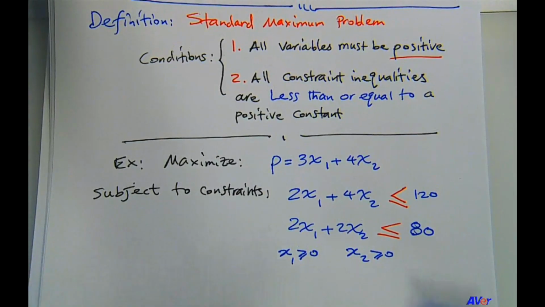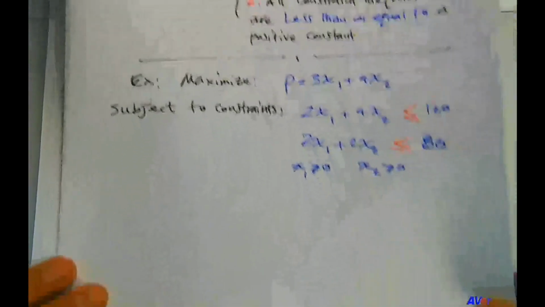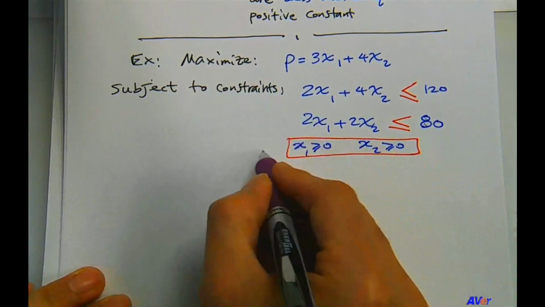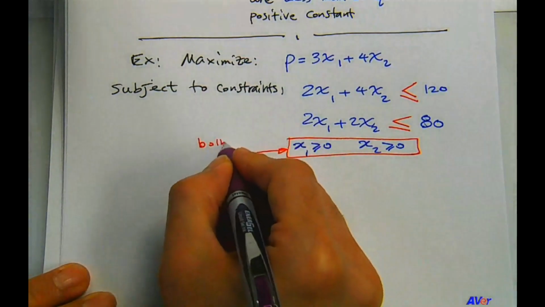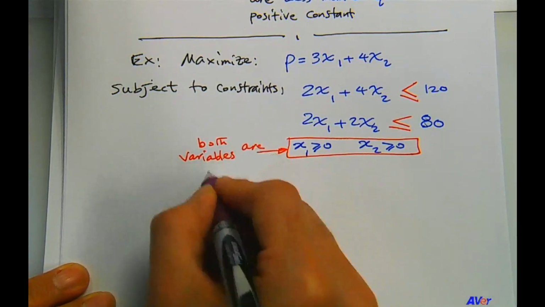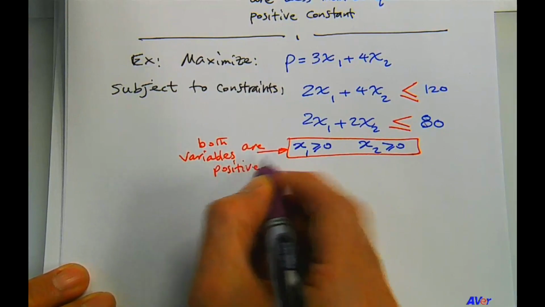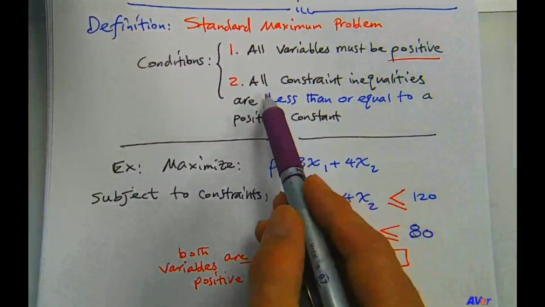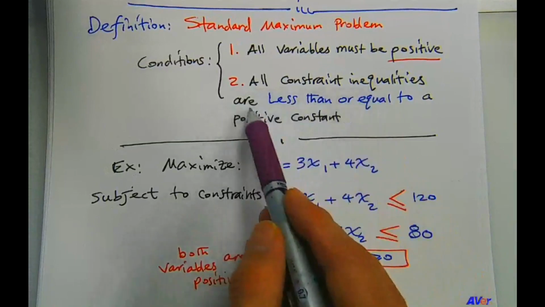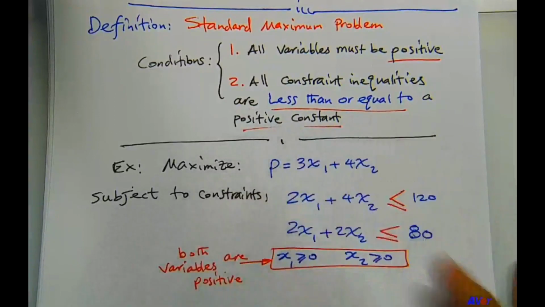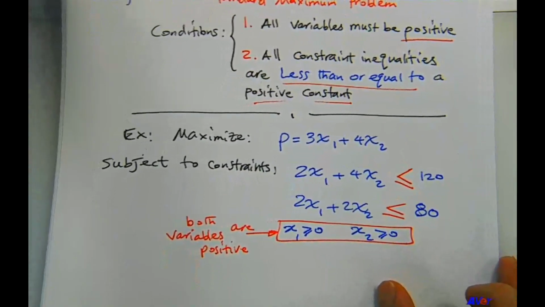First of all, we saw that all variables must be positive, right? So here is where that condition is met: both variables are positive. x1 and x2 must be greater than or equal to 0. Then the other condition: all constraint inequalities are less than or equal to a positive constant. Where is that condition met?